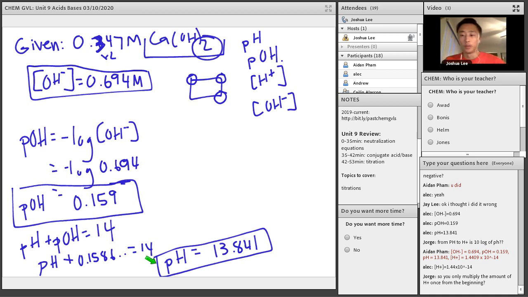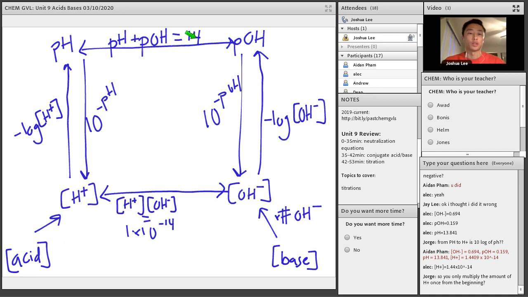So you only multiply the amount of OH minus from the beginning. The only time you have to worry about multiplying the initial given concentration is for a base if there's more than one. If you go back to our chart right here, this part is when you have to worry about how many hydroxides there are.